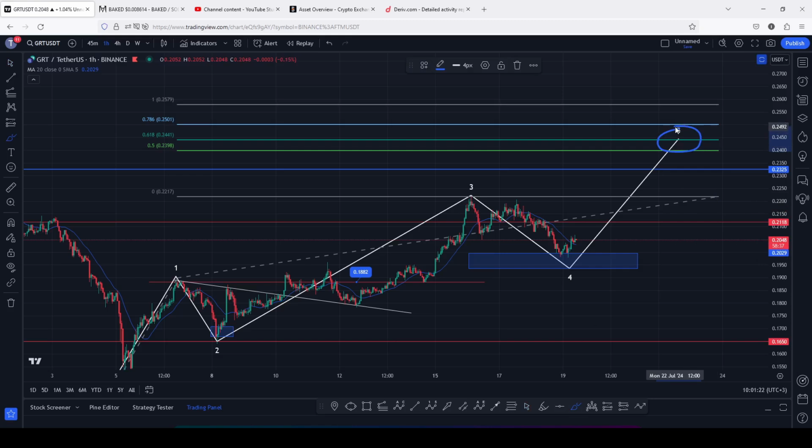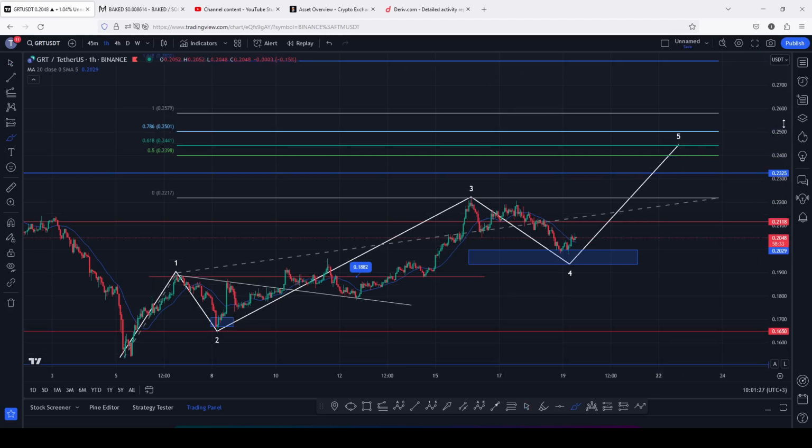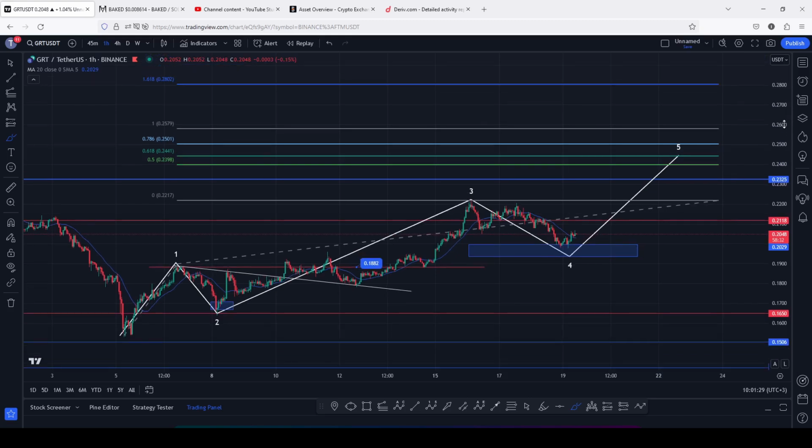And the moment we fully maximize that target area and we continue seeing that bullish momentum, there are high chances that we can get another aggressive bounce back above the 0.2802. So that is the price action that I'm expecting here on the GRT chart for the next coming hours.